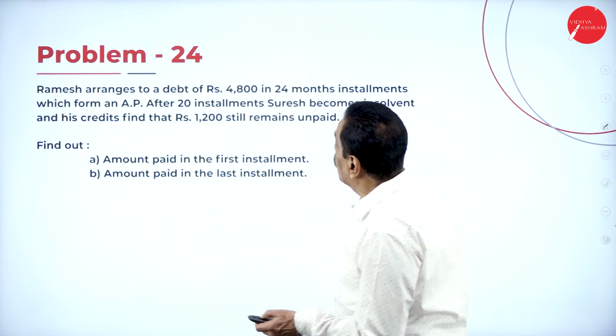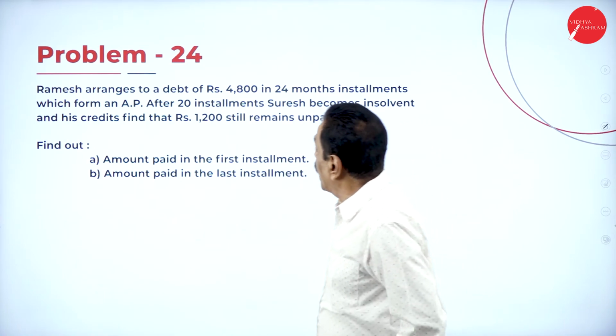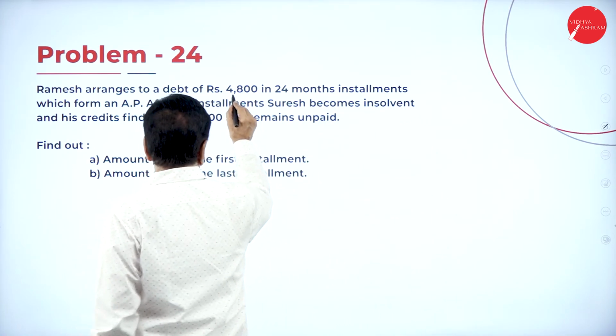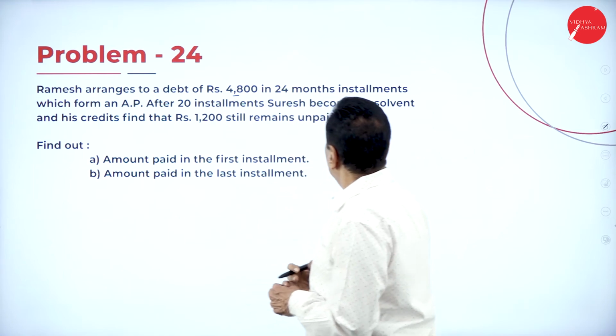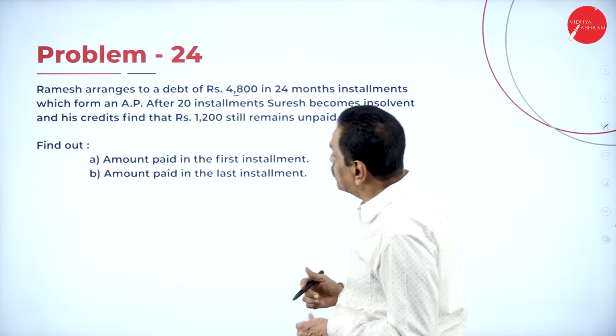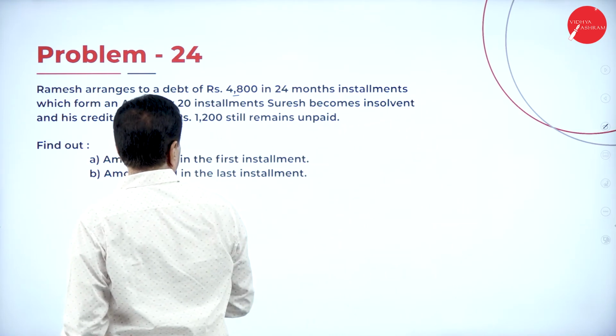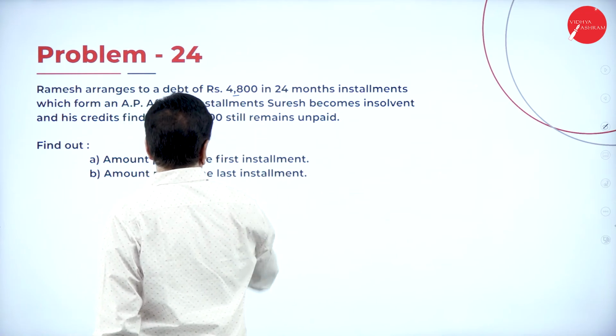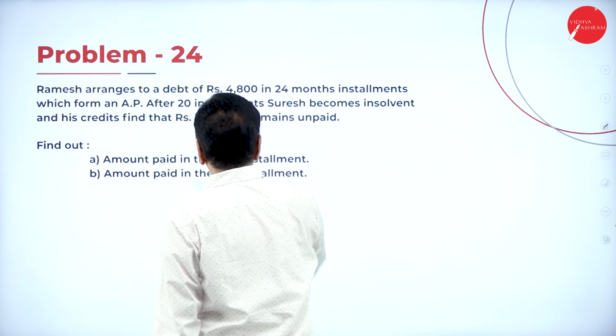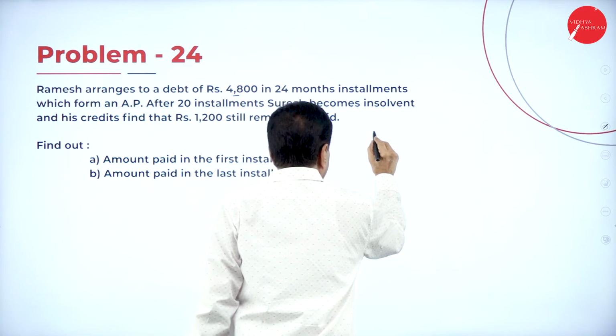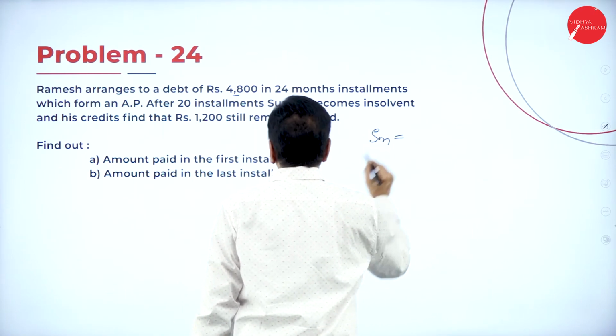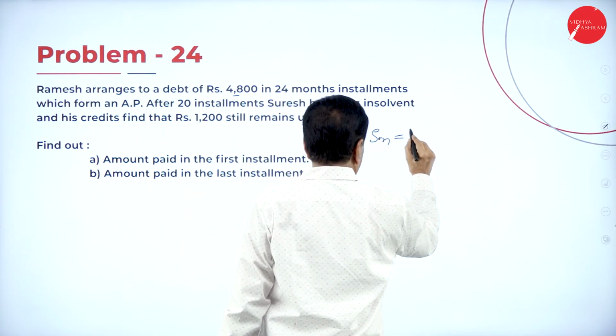We'll move on to the next problem now. Ramesh arranges a debt of rupees 4,800 in 24-month installments, which forms the AP. Total number of installments N is 24. So given Sn is equal to 4,800.